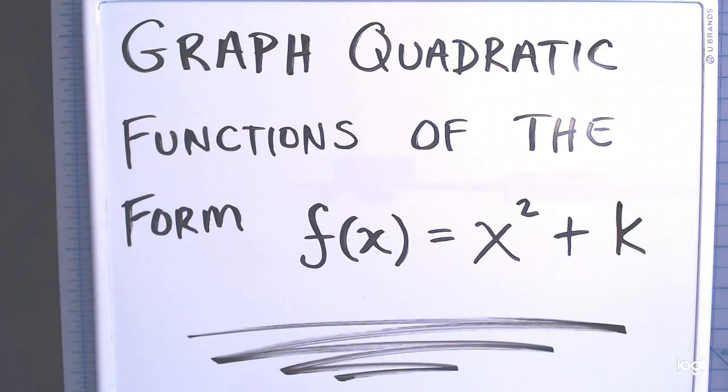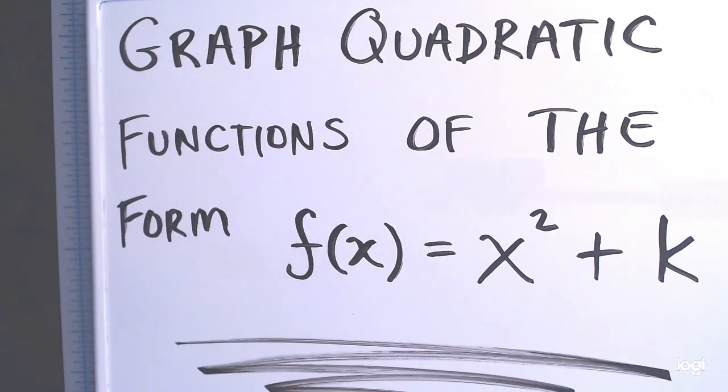And the particular transformation I'm going to be talking about in this video is vertical translations or vertical shifts, right? Just moving the graph up and down on the coordinate plane without actually changing the shape of the graph. All right, so let's begin.